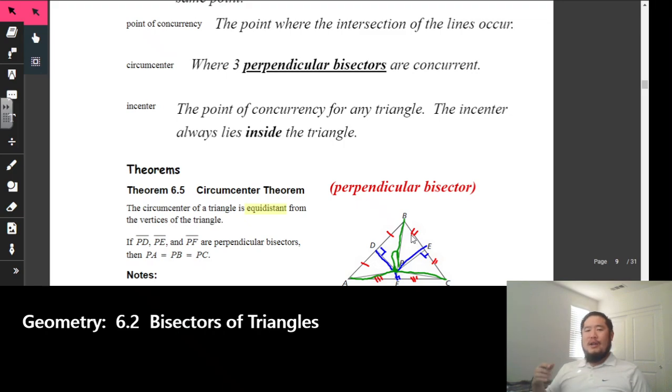So there's a lot of things going on. Once again, you start off: I know that I have perpendicular bisectors.